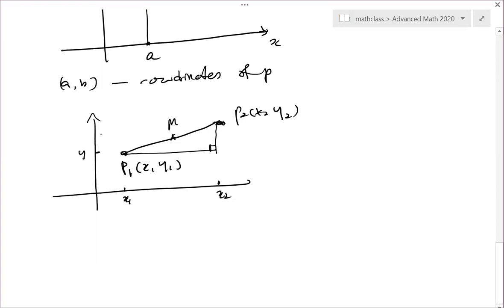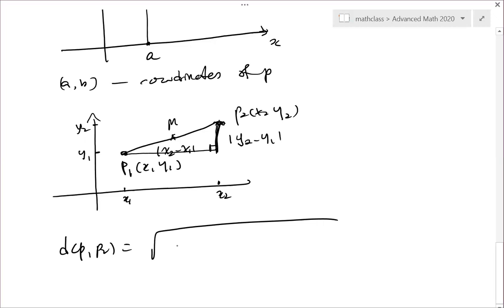This is y1, that's y2. So this side is y2 minus y1, and this side is x2 minus x1. So the distance between P1 and P2 is by the Pythagorean theorem. Now we're going to spend more time talking about the Pythagorean theorem, but at least this is just a direct application. So it involves radicals. So that is the distance.